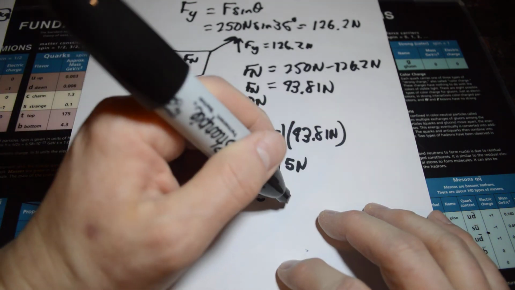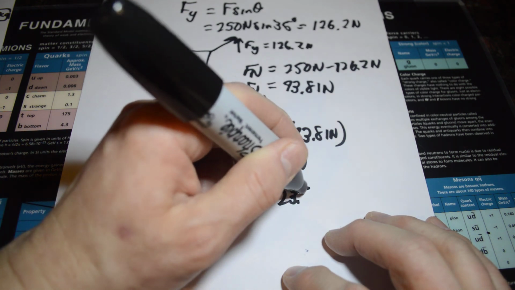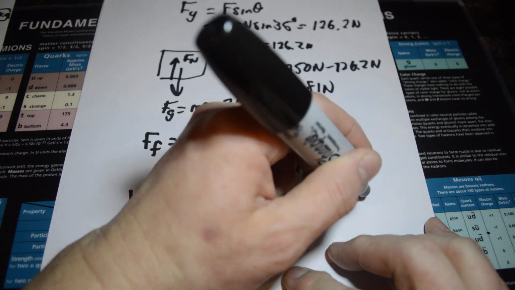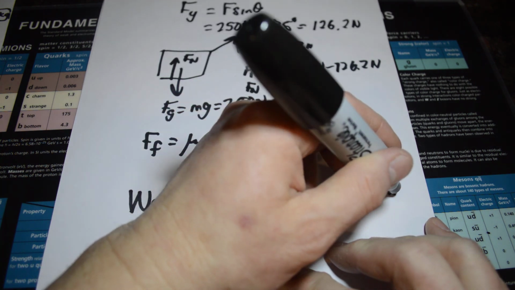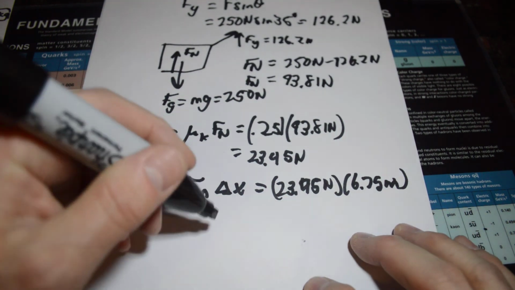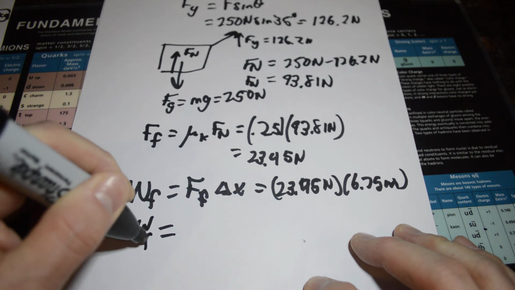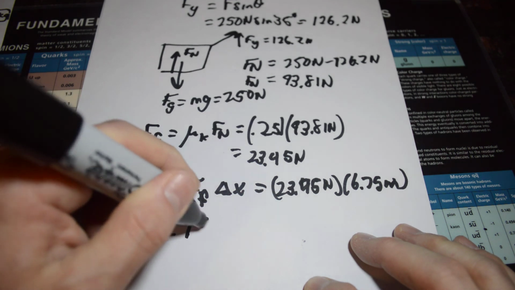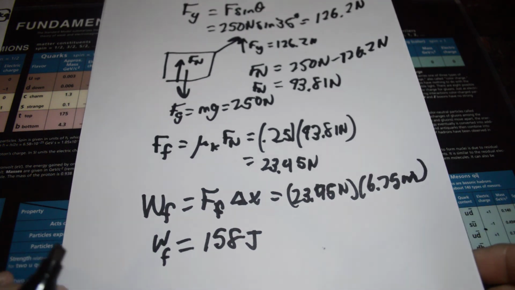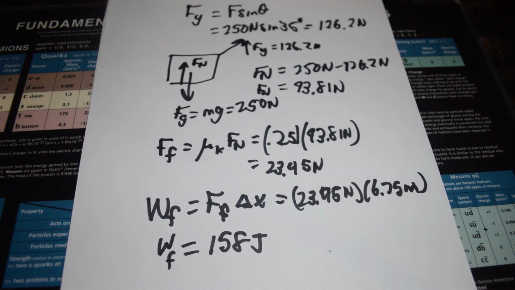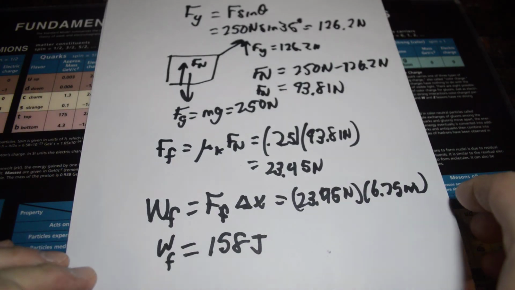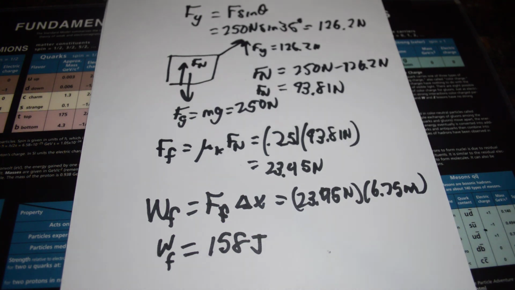And again, that's going to go through a 6.75 meter distance. So if you take that 23.45 times 6.75, that'll give you the work done by the frictional force. If you do that, you get 158 joules. Okay? So I think that's the answer to the question, how much work was done by the frictional force, and I think we've calculated that to be 158 joules.